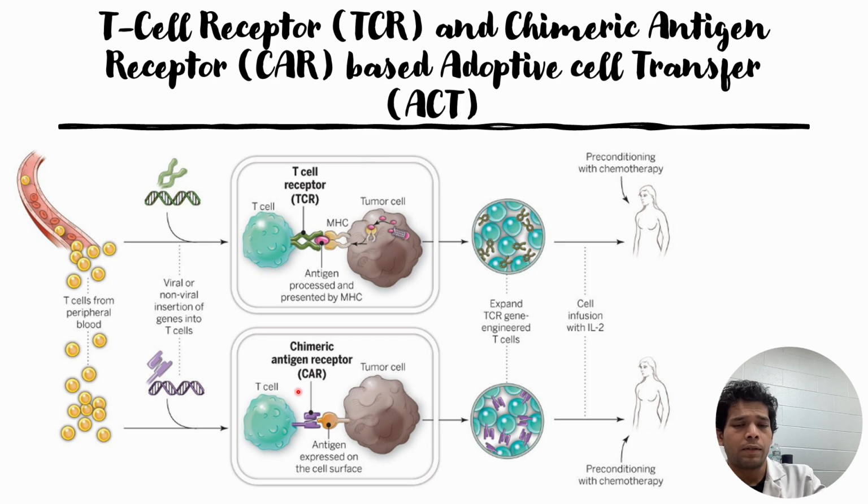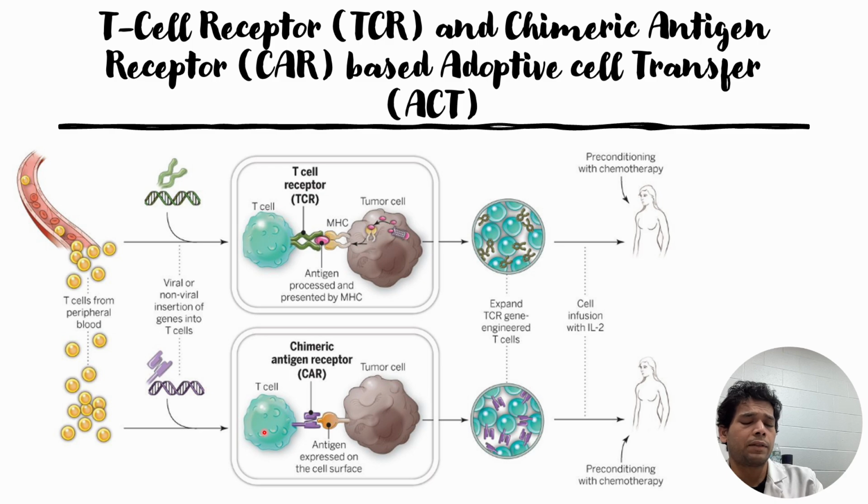And now we will briefly go over the chimeric antigen receptor based principle. So in this case, the antigen presenting cells, or APC, are not required. Here, direct tumor based antigen receptors are presented on the T cells, and these chimeric antigen receptors are linked to the intracellular signaling in a way that will activate the T cells.